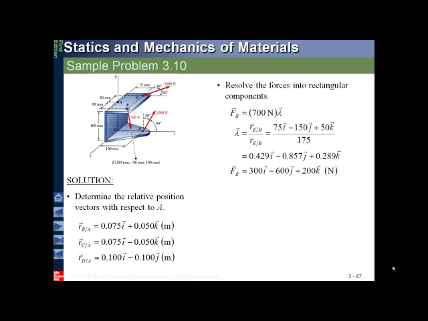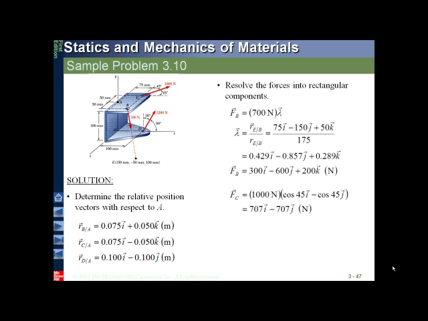The other ones, because they act in a plane, aren't really that difficult at all. The force at C acts in the XZ plane, I guess you could say. So there's an X component and a Z component.